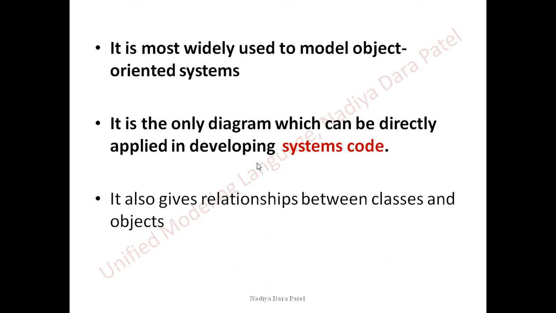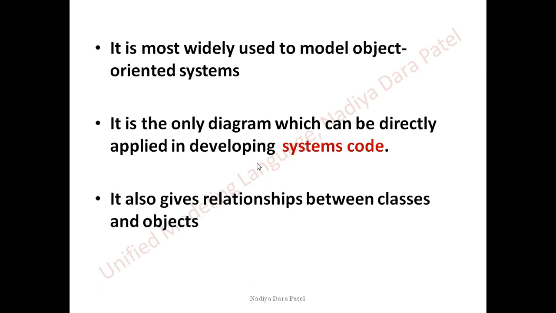But class diagram is one such diagram which is helping us to build our code. Code can get changed with time, maybe a requirement comes, or some requirement gets deleted, but still it is kept in the structural part and we are applying the class diagrams in building our codes. It also gives relationships between classes and objects.